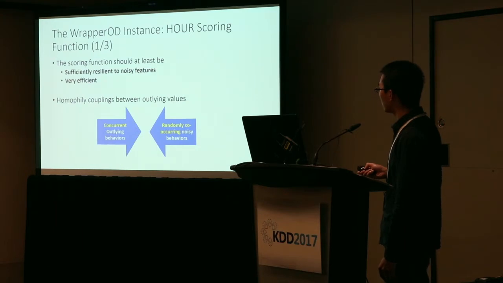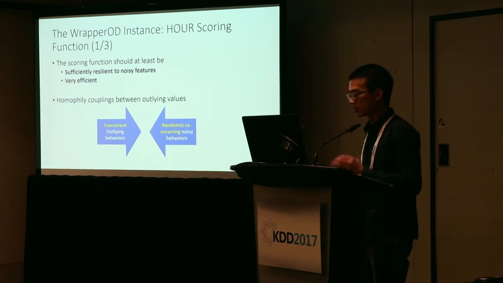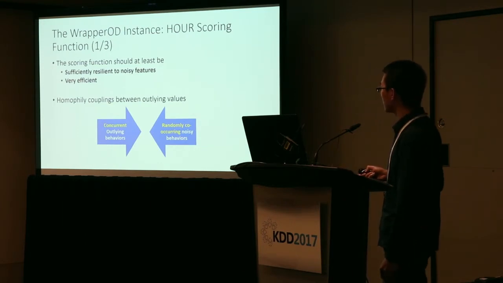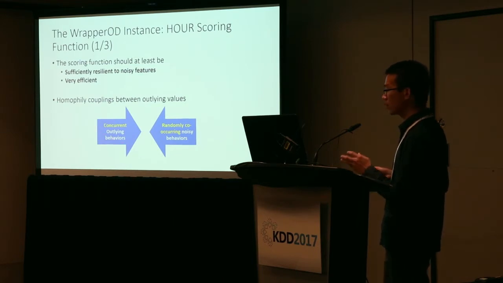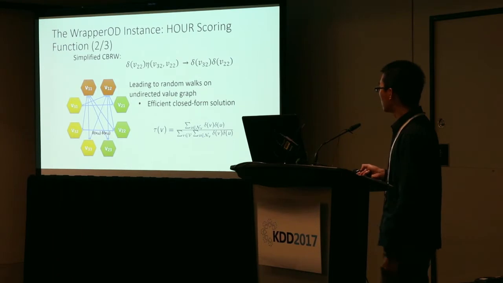I will briefly introduce how we solve these two challenges. The scoring functions need to satisfy at least two conditions: sufficiently resilient to non-IID features, and very efficient. We still utilize the homophilic couplings here. To make the intuition clearer, the outlier behaviors are often concurrent, but the non-IID behaviors just co-occur randomly.